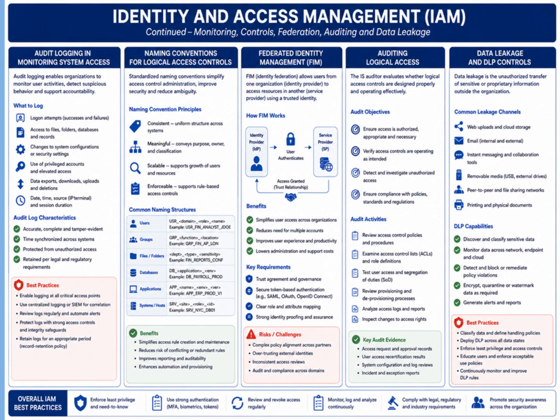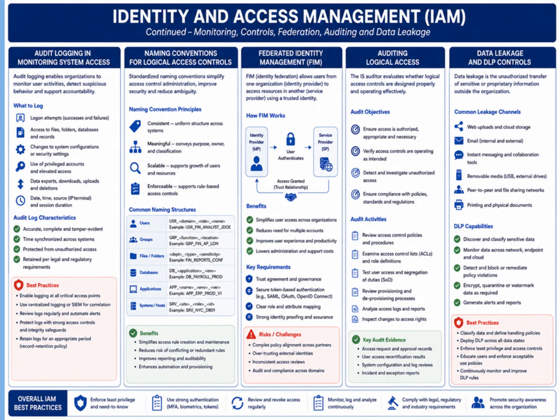Data leakage occurs when sensitive or confidential information is exposed, transferred, or shared without authorization. Common leakage channels include email, cloud storage, web uploads, instant messaging, removable media, and file sharing platforms. DLP controls help organizations discover sensitive data, monitor how it is used, detect policy violations, and prevent unauthorized disclosure.